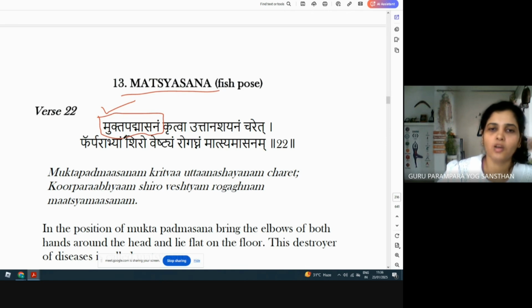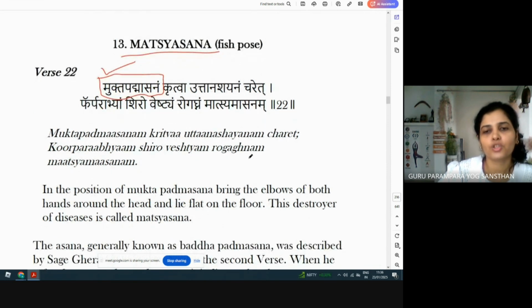Mukta Padmasana, Matsyasana is performed in which asana? Mukta Padmasana. Mukta Padmasanam kritva uttanam shayanam charet, karparabhyam shiro veshtya matsyasanam. In Mukta Padmasana, bring the elbows of both hands around the head and lie flat on the floor. This destroys all the diseases.